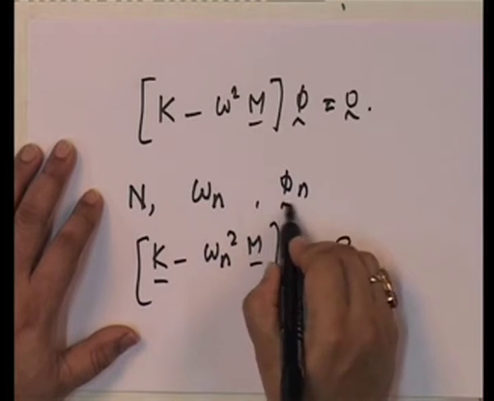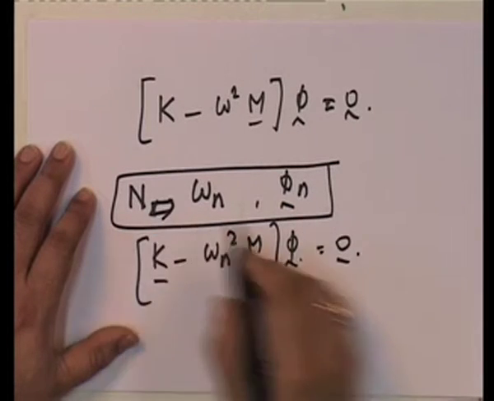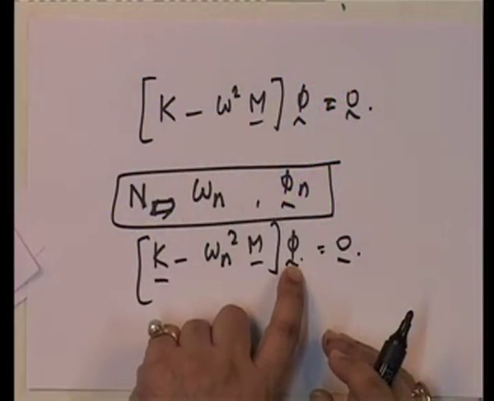So, every omega n has its own corresponding phi n, and there are n such omega n and phi n. Now, this omega n squared are known as eigenvalues, and these are known as eigenvectors.